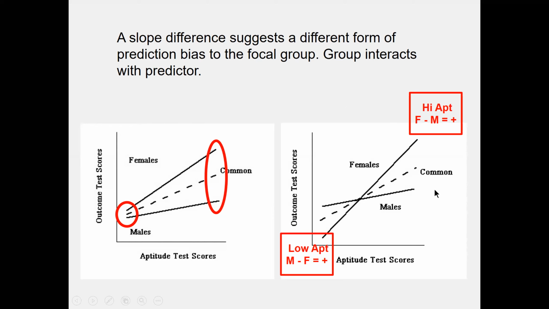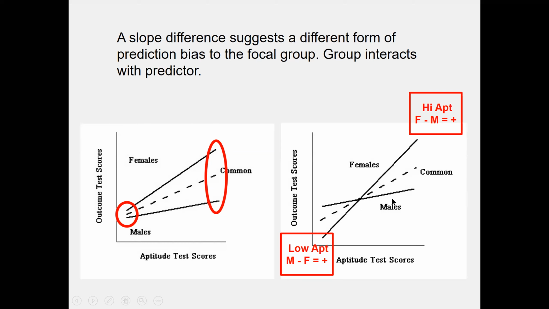In this, you have regression lines that switch direction. And at the lower end of the aptitude scale, the difference between males, which I'm taking as the flatter line, and females, is in favor of males. So males with low aptitude do better on the outcome than females with low aptitude.